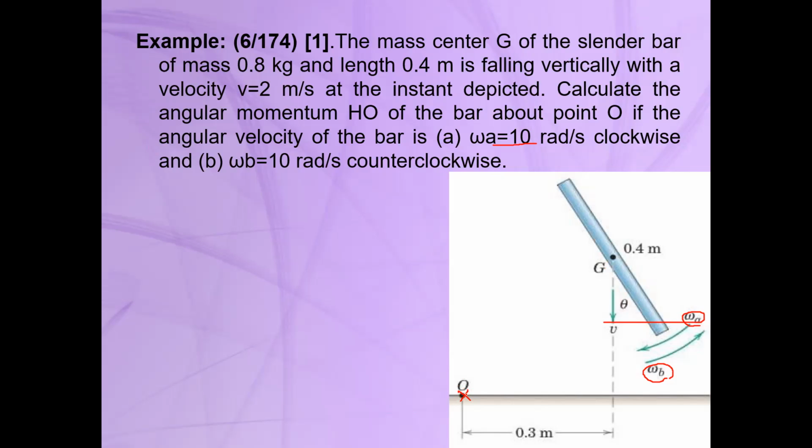This is only an arbitrary point in fact, and we need to use equation 1 to find the angular momentum. So when you want to find the angular momentum about point O, because point O is an arbitrary point, not the fixed point of rotation, as I told you, maybe it can be the instantaneous center of zero velocity, but it's not a fixed point, so we cannot use equation 2.